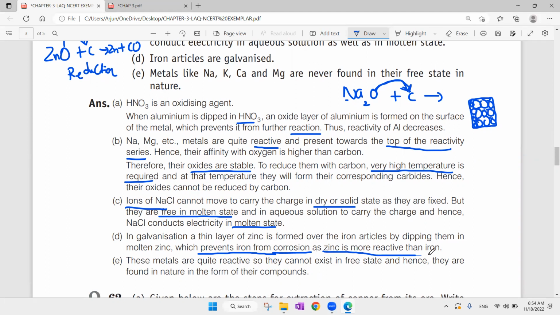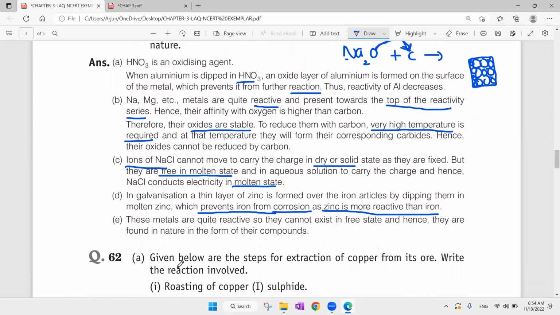Zinc is more reactive than iron. Though zinc can also react with oxygen and form a layer, zinc and aluminum are self-protecting metals. For example, this is iron, and on this iron, a zinc coating.